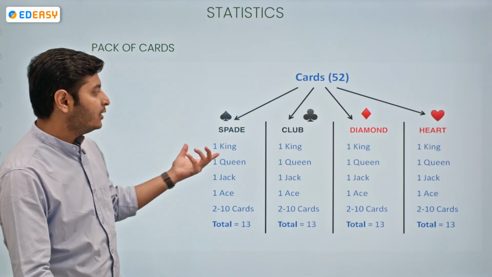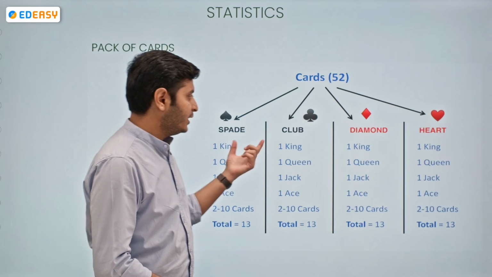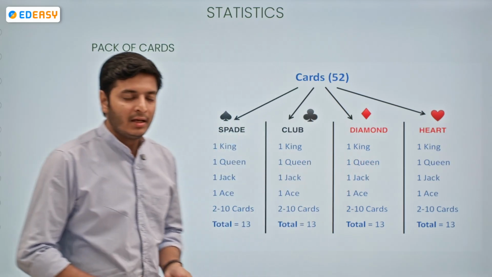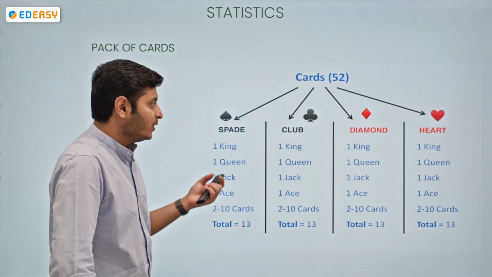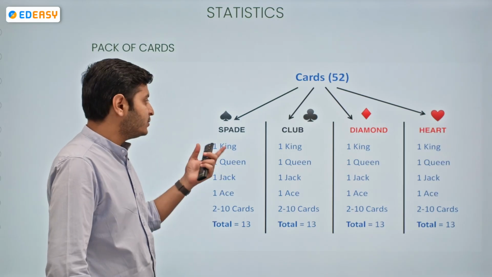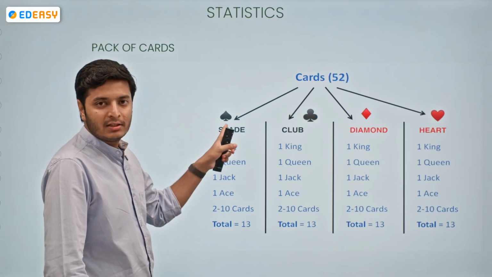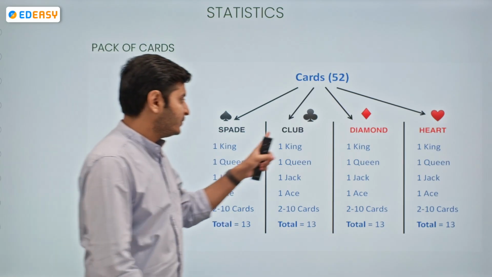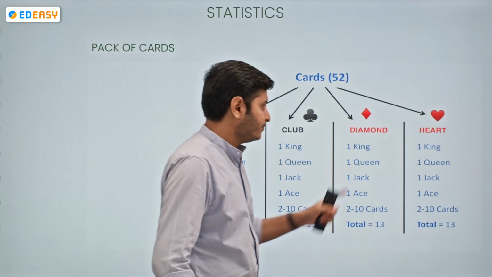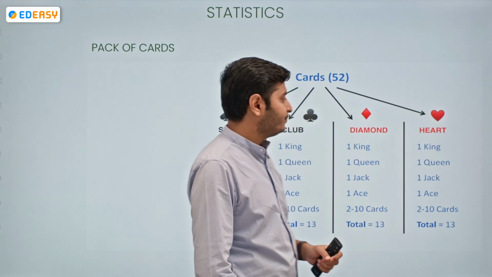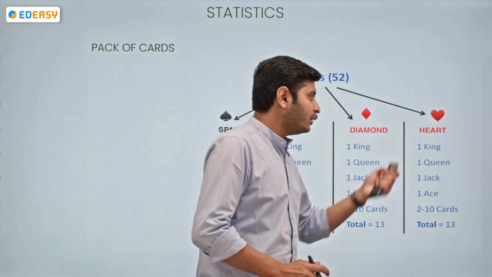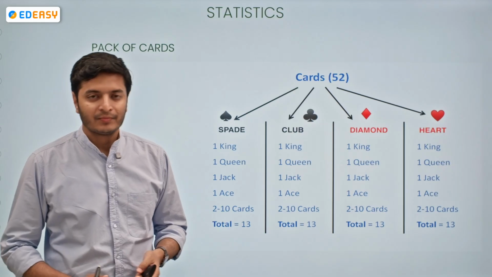Either cards are black in color or they are red. And here we have four different types. If you see this symbol on a card, then they are known as spades. If this symbol is there, clubs, diamonds and hearts. Spade and club are black in color, diamond and heart are red in color.